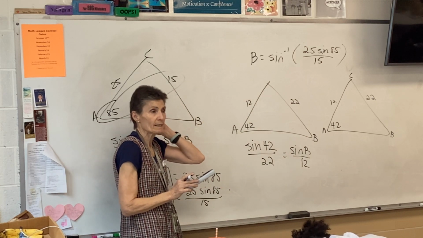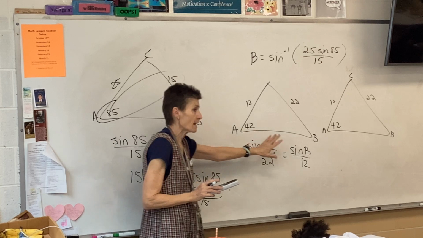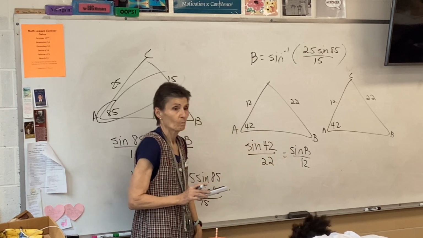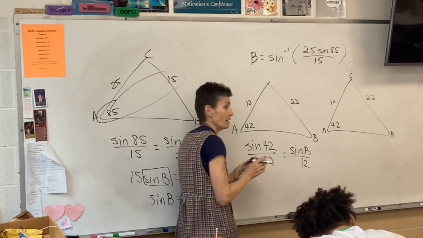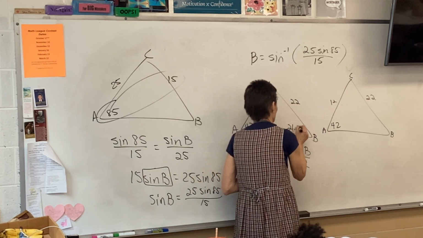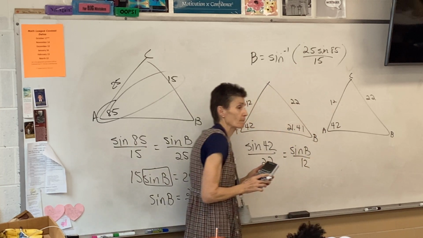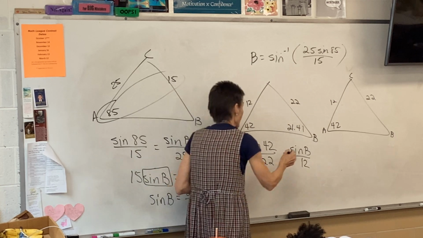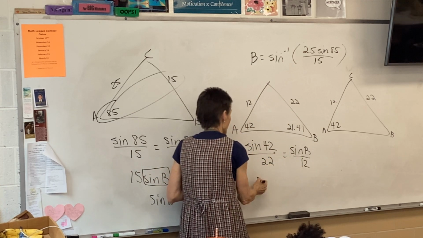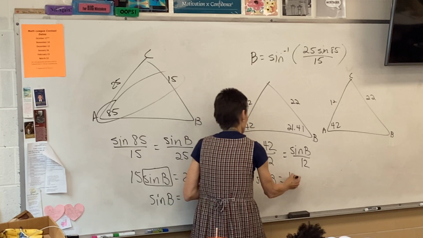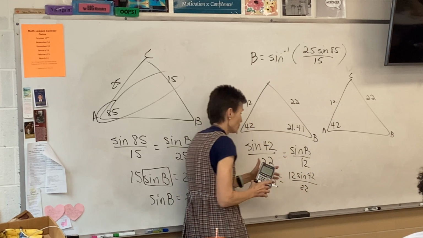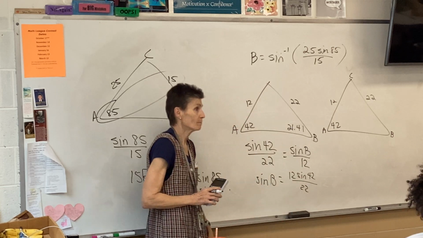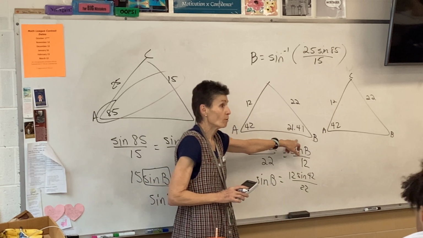Tell me when you got an angle. Did you work this out and get an angle? What did you get? 21.41. So we cross multiply, and we end up second signing 12 sine 42 over 22, and we got 21.41.